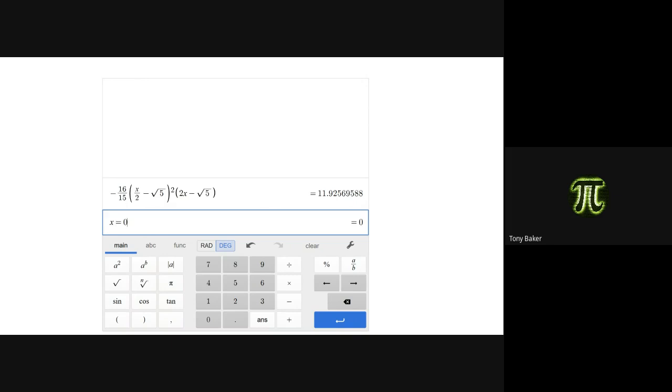And all we care about is if it's positive or negative. I don't care what the actual number is. So at 0, it's positive. At 2, it's negative. And 5, it's negative.